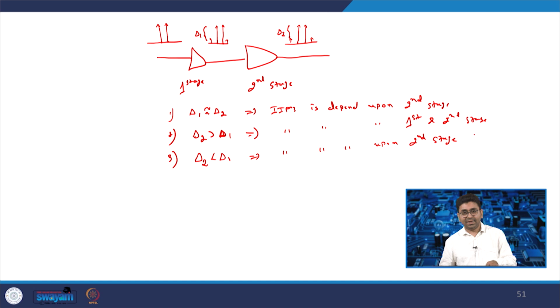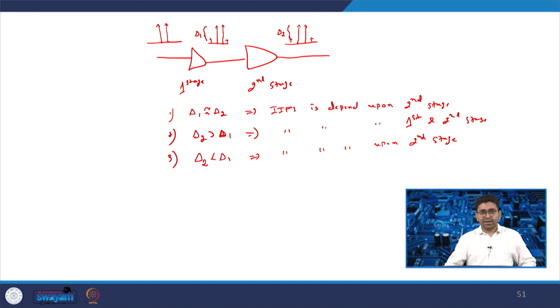So these are the three cases: delta 1 equal to delta 2, delta 2 greater than delta 1, and delta 2 less than delta 1. Mostly in all the cases the second stage is dominating, because of the equation that we have derived, that the second stage is dominating in the IIP3.